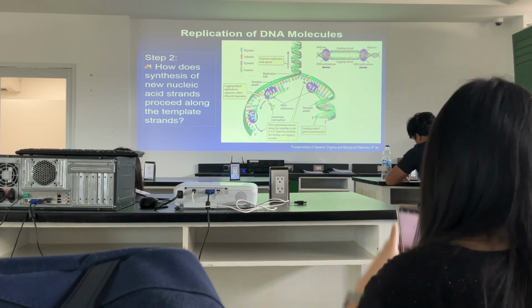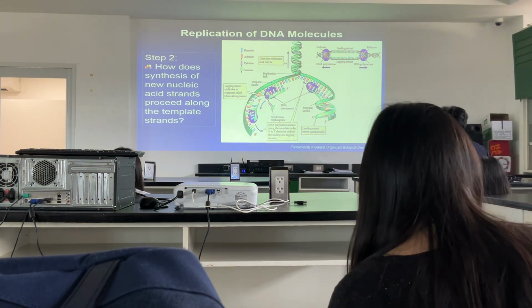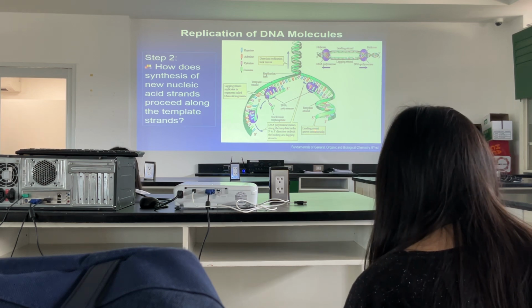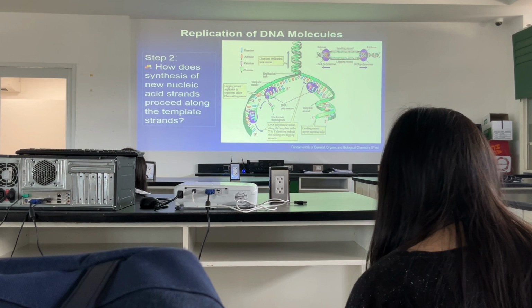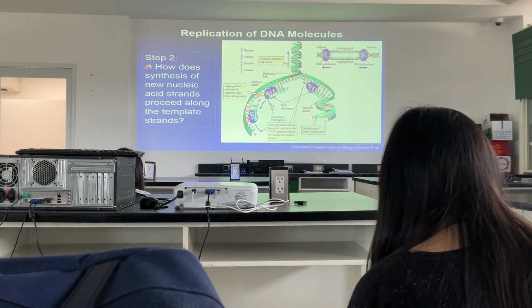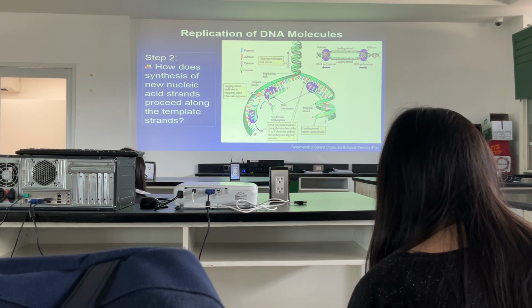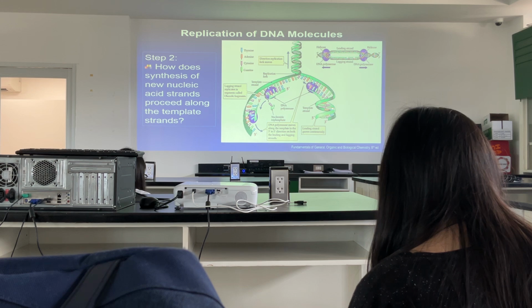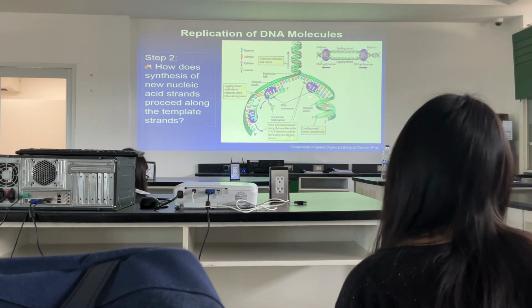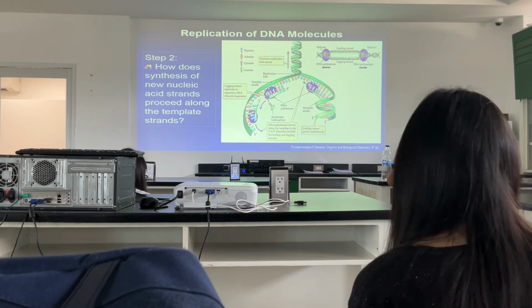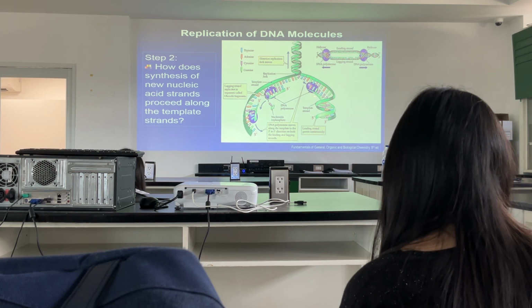So how does synthesis of new nucleic acid strands proceed along the two template strands? This strand is what we call the leading strand. When we say leading strand, the synthesis of the polynucleotide will grow continuously. So this acts as the template strand, this one, and this is the growing strand that will be formed continuously in the leading strand.